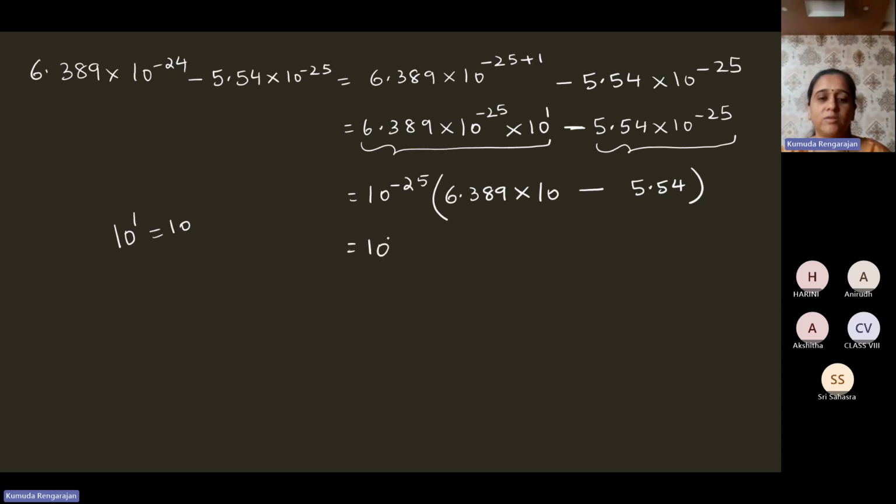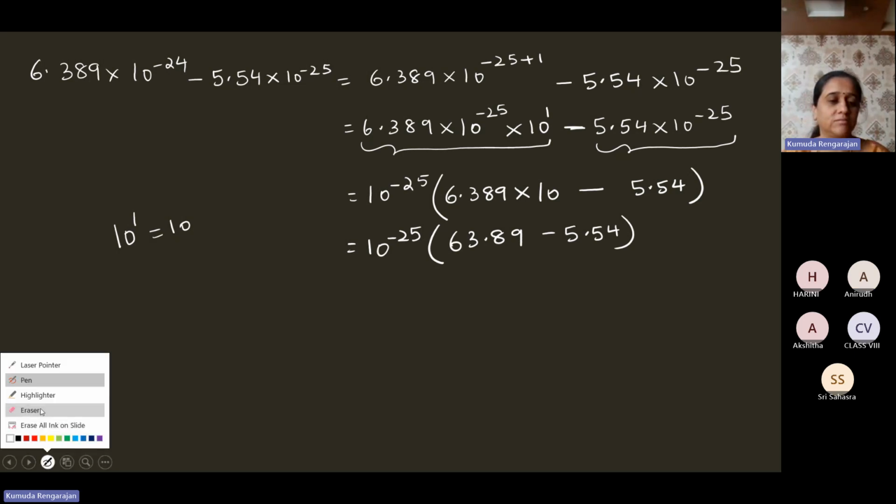Next step, 10 to the power minus 25 into 63.89 minus 5.54. When you multiply 6.389 and 10, you will get 63.89.